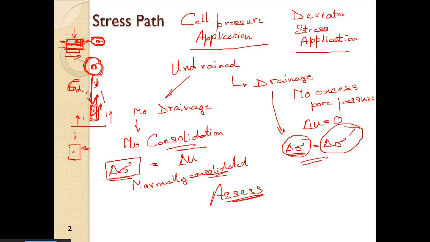Then we had some amount of residual pore water pressure, and then we started applying cell pressure, and then there is development of effective stress and pore water pressure in the sample. Then we apply deviatoric stress. Then there is shearing in the sample. Then there is again some changes in the pore water pressure, or there may be drainage, and ultimately the sample fails.